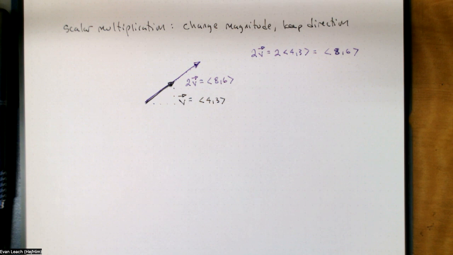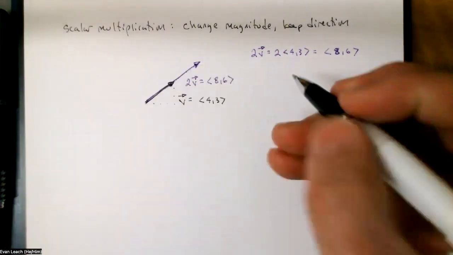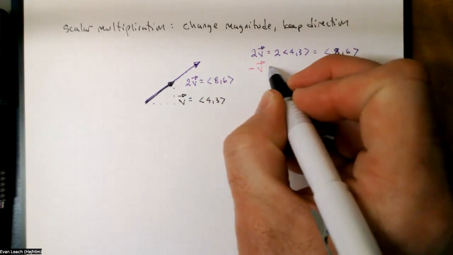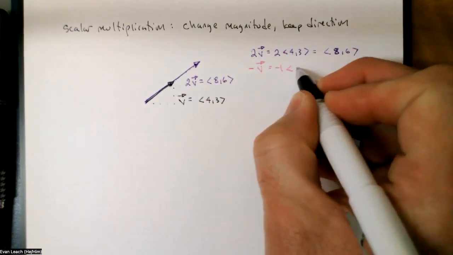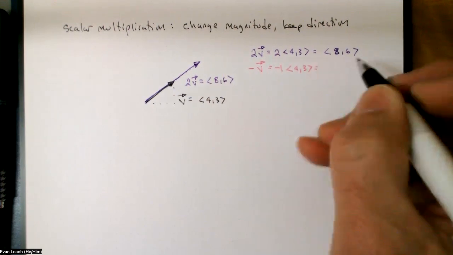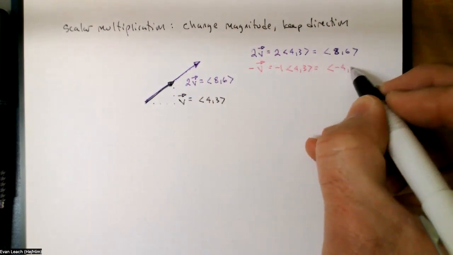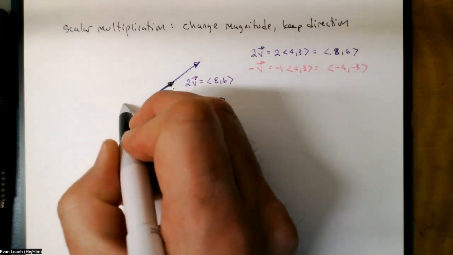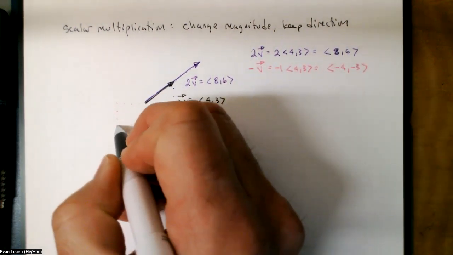Another thing to note is that backwards and forwards counts as one direction. Backwards and forwards is not two directions, it's one direction. Backwards is just -1 times forwards. So if I have a vector -1 times v, that will be -4, -3.